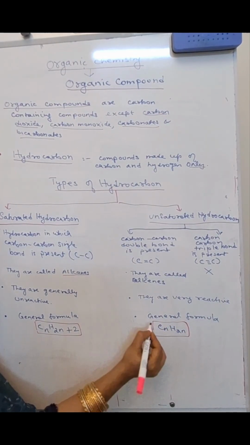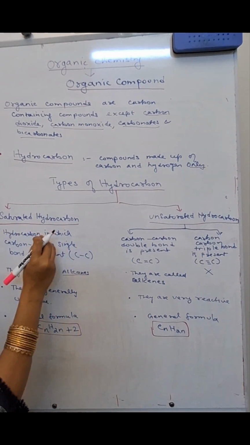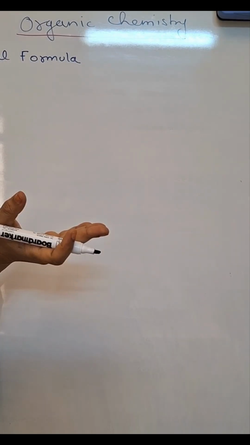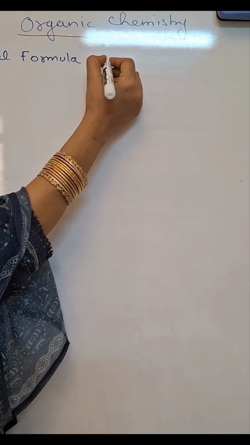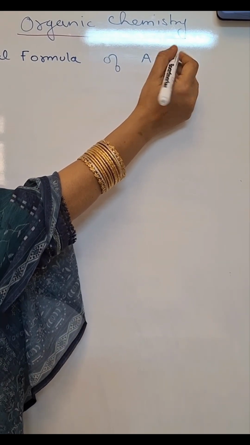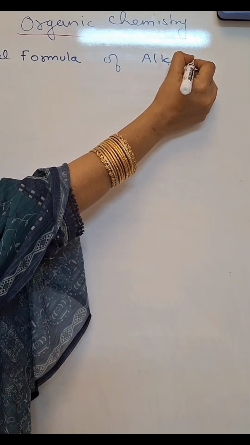What I told you, the general formula helps us to identify the individual alkane and individual alkene. Okay, as I said in my previous board work, a general formula will help us to identify an individual saturated compound, that is alkane or alkene.